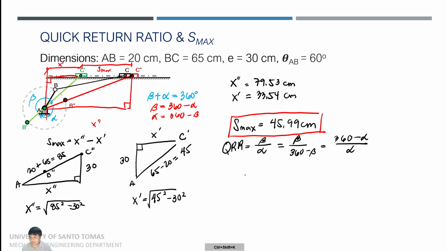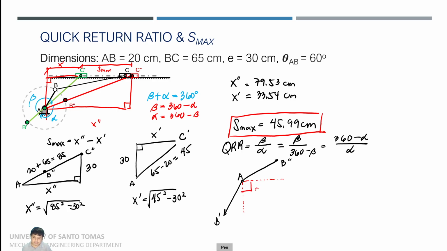To find this alpha, we can create an analysis in here. So you have A, B here, A and then B prime, and then A and B double prime. This will be your x-axis and this will be your y-axis, so this will be 90 degrees.